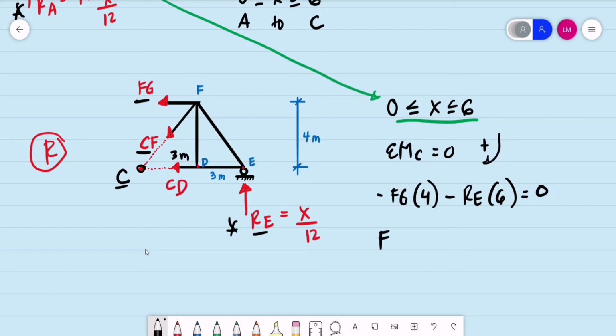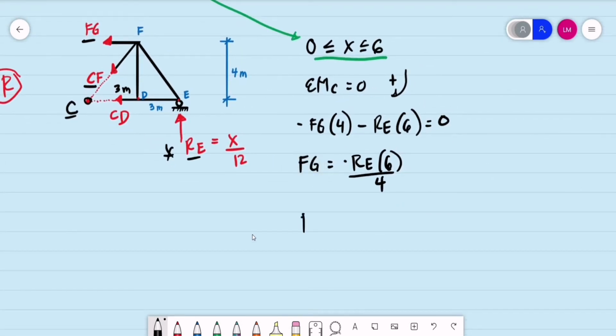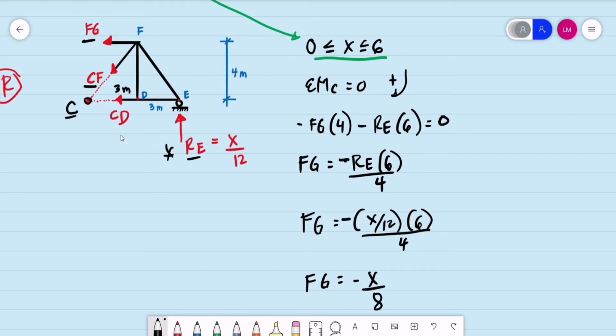So we have the axial force for member FG as negative R sub E, the reaction at E, times 6, divided by 4. What is the equivalent of R sub E? R sub E is equal to x over 12, multiplied by 6, divided by 4. So for the axial force for member FG, 6 over 12 is 1 half, so 2 times 4 on the denominator, and this is supposedly negative, negative x over 8.